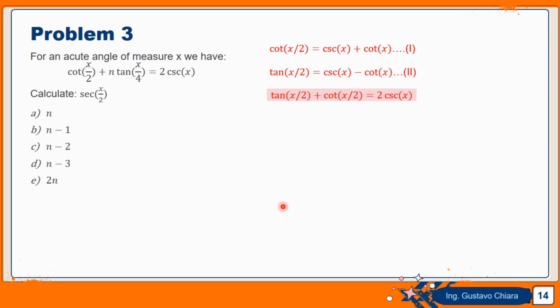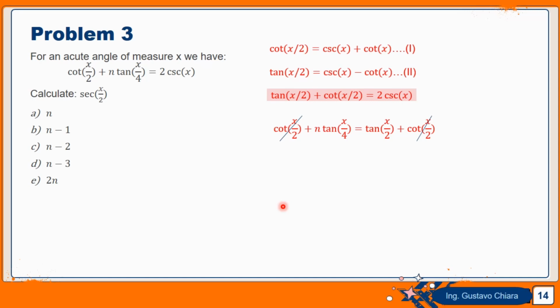Well, we need to add expressions 1 and 2, and we have that the tangent plus cotangent is equal to cosecant of x. Well, in that picture, we have the same value, that is 2 multiplied by cosecant of x, and they are equivalent.